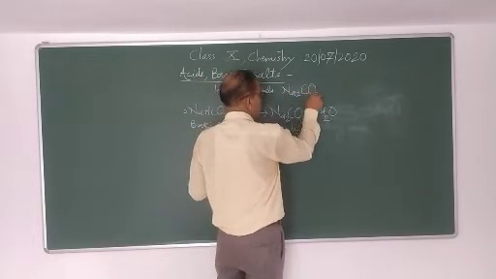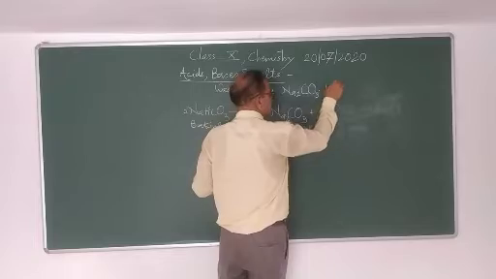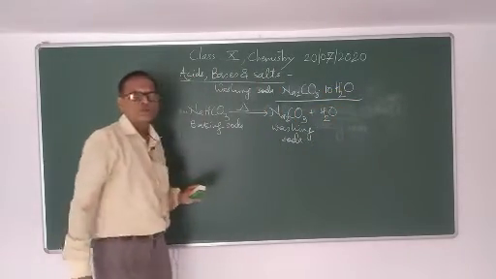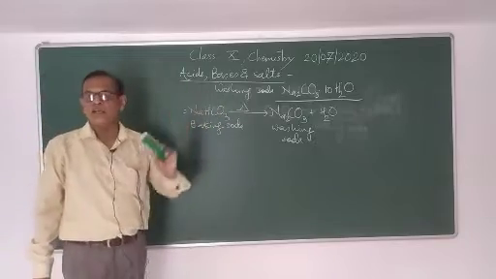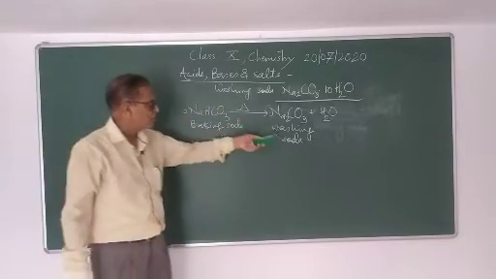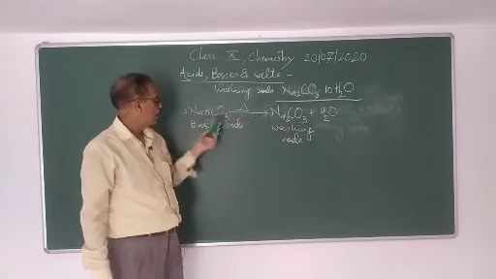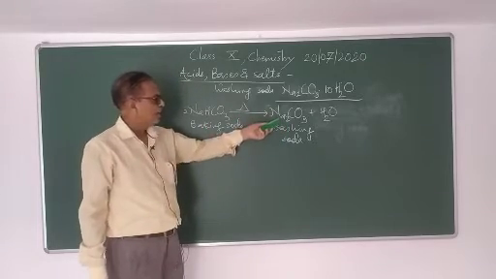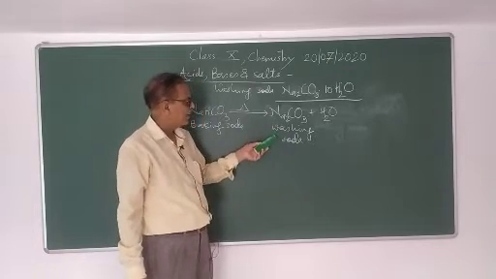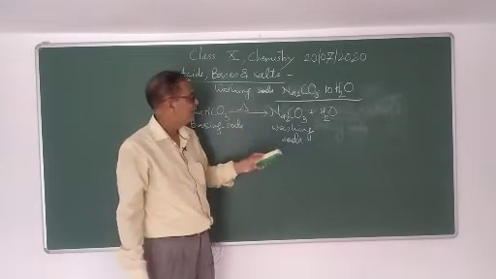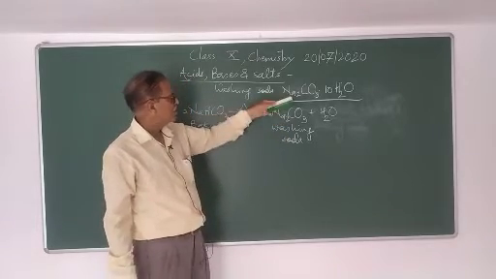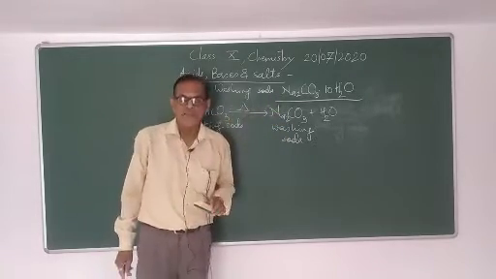So Na2CO3.10H2O is the correct formula of washing soda. The washing soda obtained by heating baking soda is anhydrous, and it is subjected to recrystallization in order to get the washing soda.